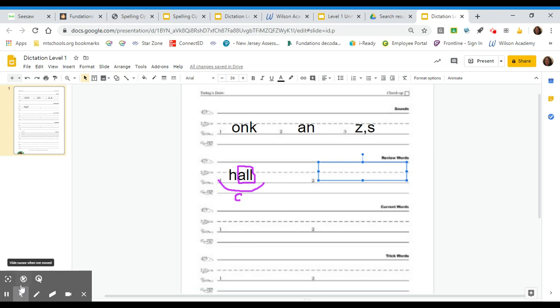The next word, be my echo, lungs, lungs. Go ahead and you can tap that word out and then spell it, mark it, and check it with mine.